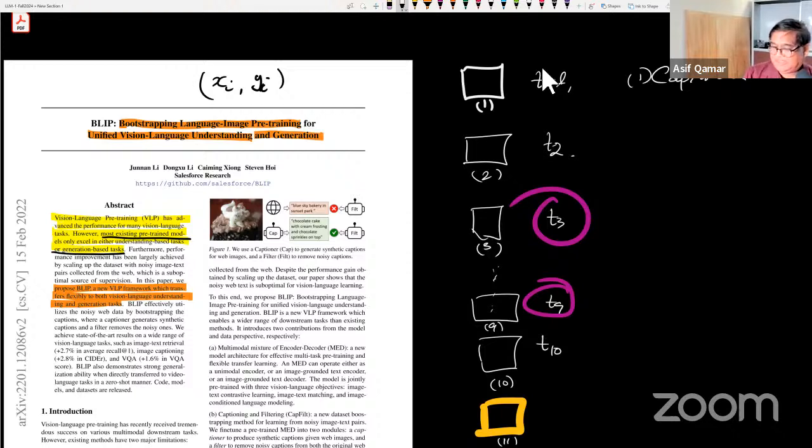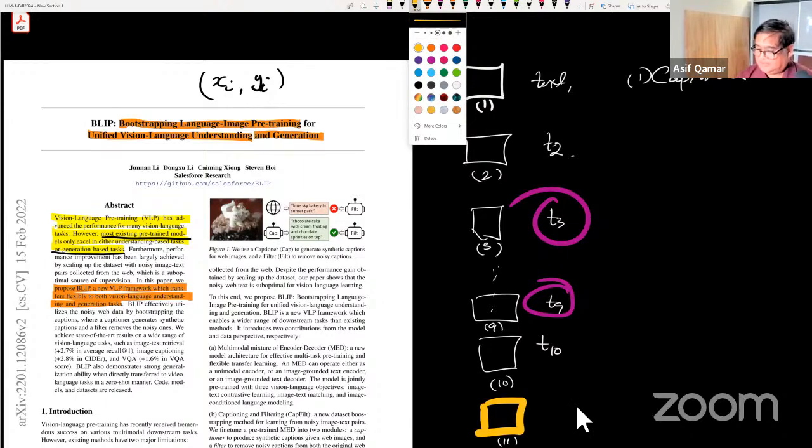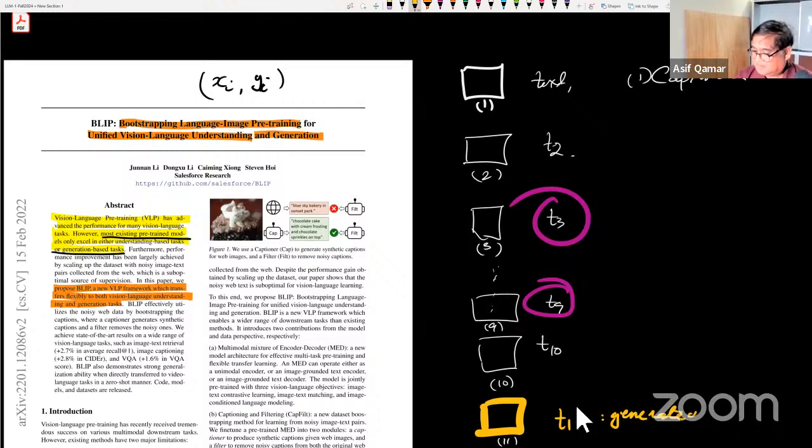Suppose you have an 11th thing, it will go and add a good caption, T11, a generated caption, once it is fully trained. And the second thing it will do is, it will replace these two texts, and potentially replace them with better captions. Does that make sense, guys? It can replace with a T3 prime and T9 prime, better captions.